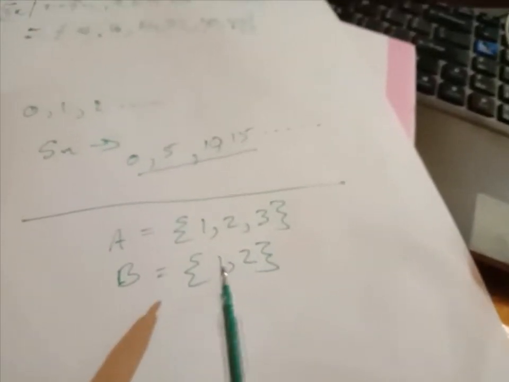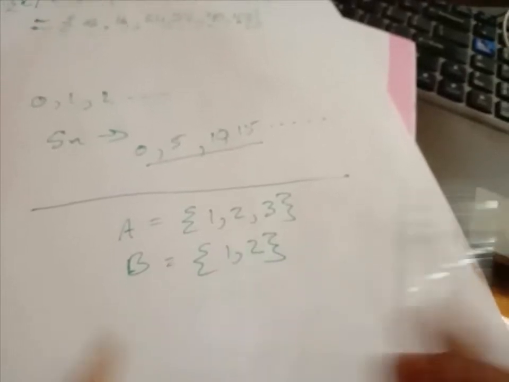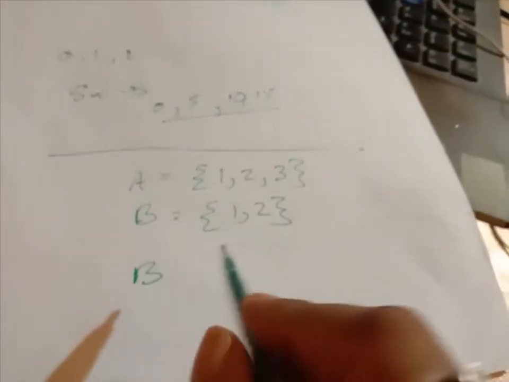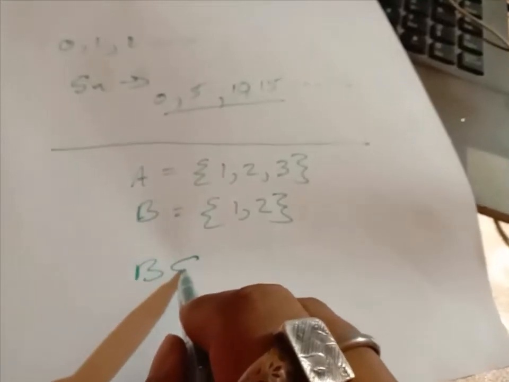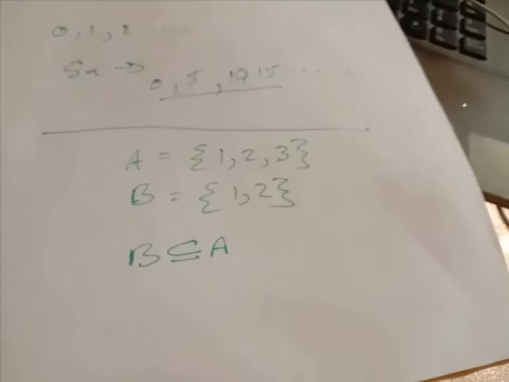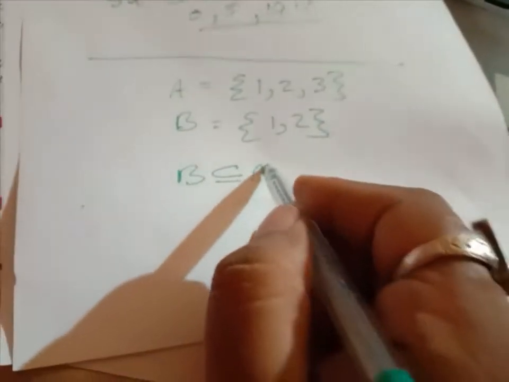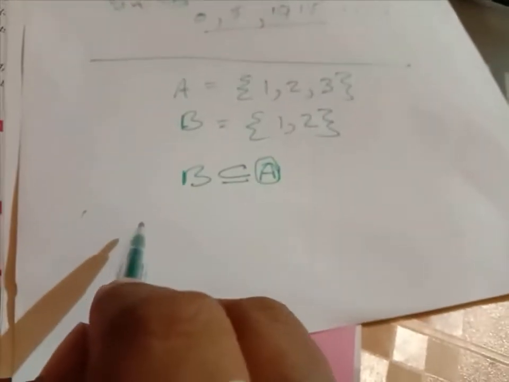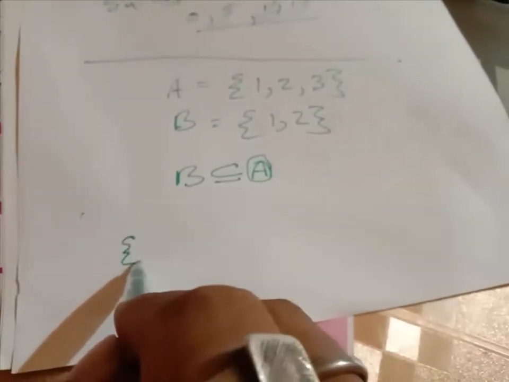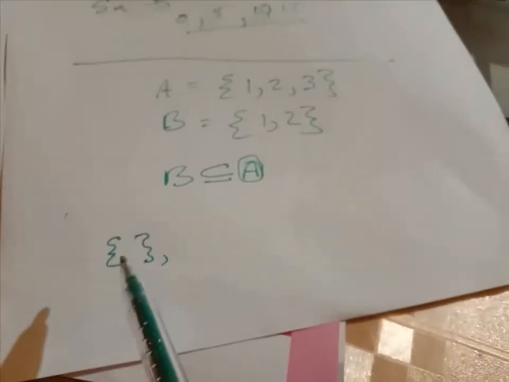Now all the elements of set B are also present in set A. Then we can write set B is a subset of set A. Now if we are asked to write all the subsets of this set, then what will be the first subset? The empty set is a subset of every set, no elements.